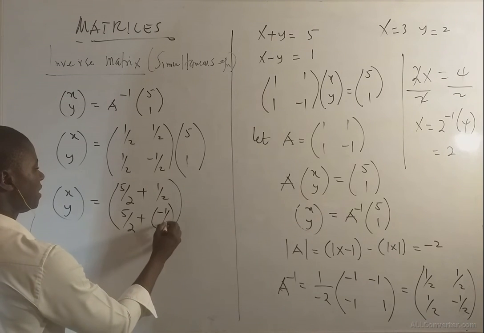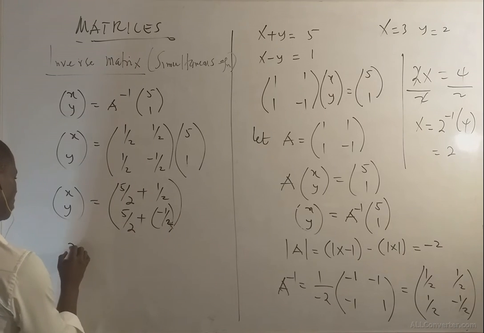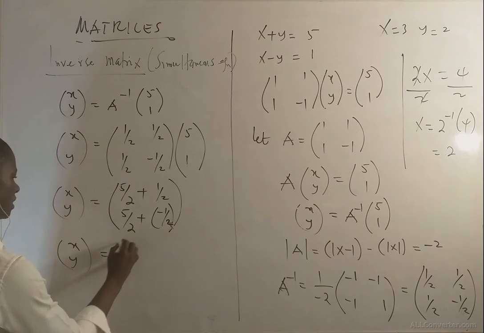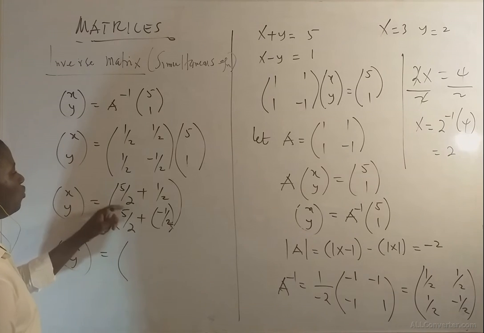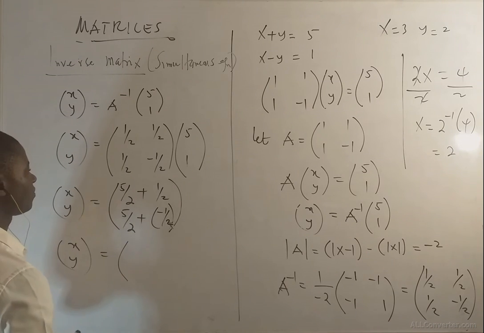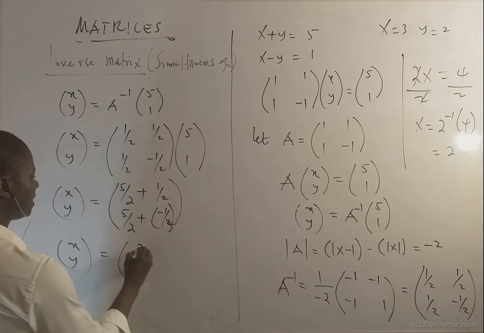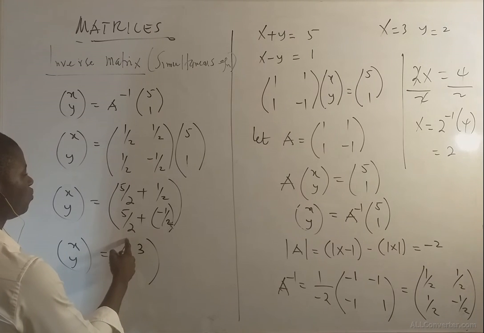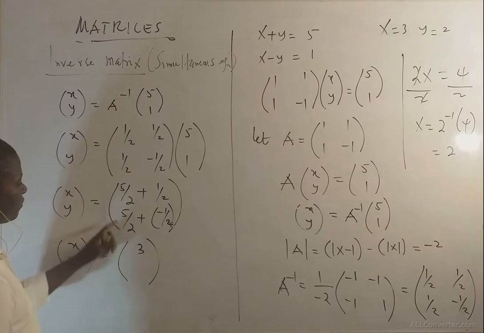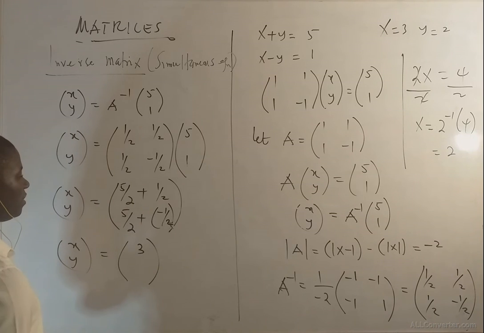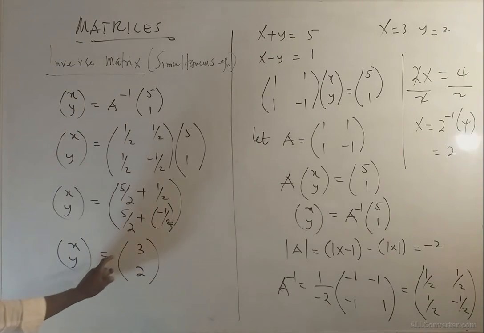And so to simplify this, 5 on 2 plus half is 6 on 2, and that is 3. And 5 on 2 plus minus half is the same as 5 on 2 minus half, which will be 4 over 2, and 4 divided by 2 will be equal to 2. So you can see that our (x, y) is equal to (3, 2).